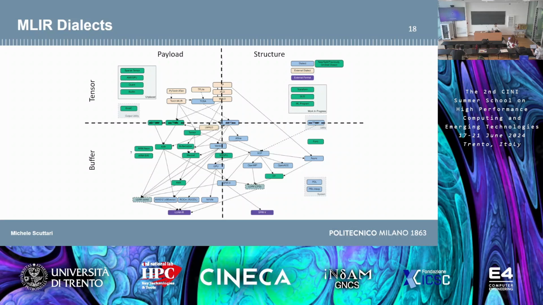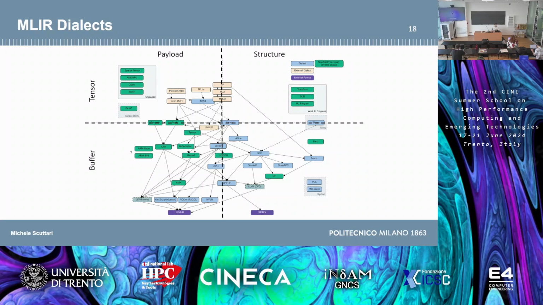So they are representations that are only useful to allow an easier implementation of transformations. Indeed, you can see that these elements don't have a direct output. They move back into the buffer payload quadrant.